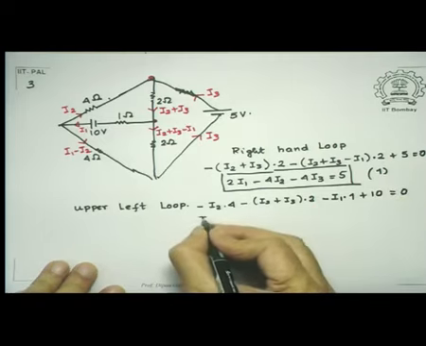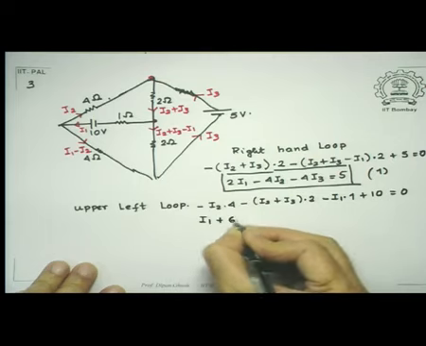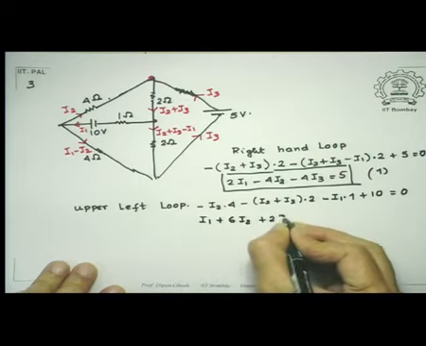Simplifying them, you get I1 plus 6I2 plus 2I3 equal to 10.